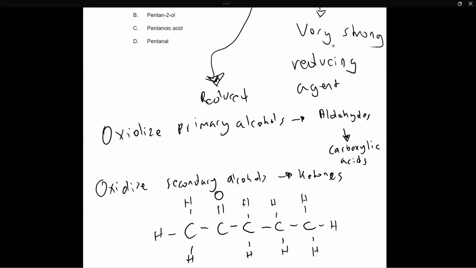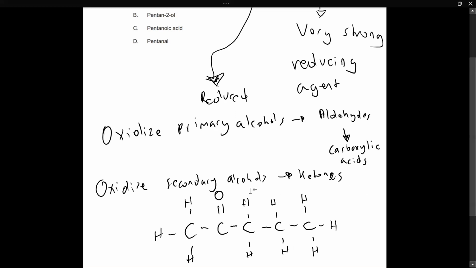And this is a ketone. We know from our knowledge of the oxidation of alcohols that we get ketones by oxidizing secondary alcohols. And what are secondary alcohols? They are alcohols in which the hydroxyl group, the OH group, is attached to a carbon which is attached to two other carbons. That makes it a secondary alcohol.